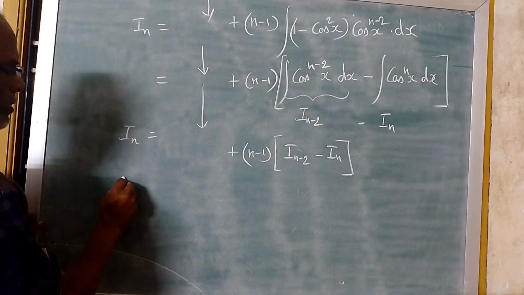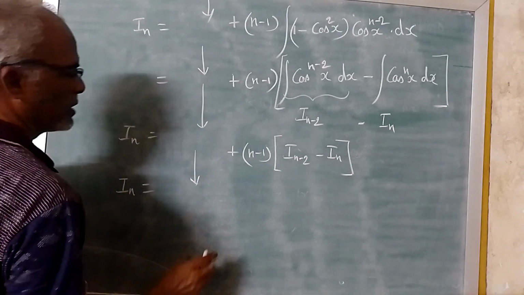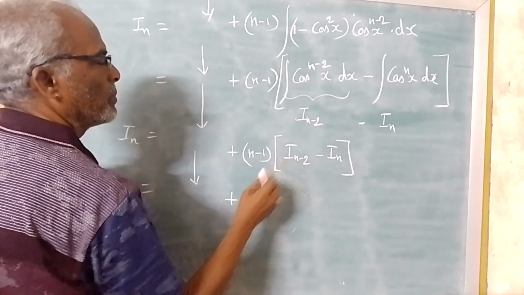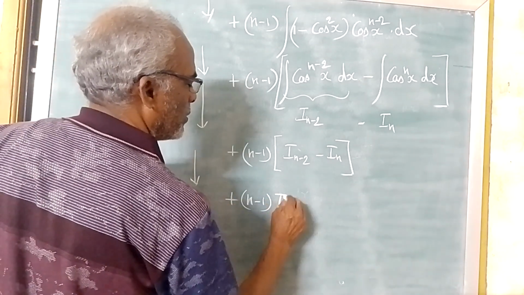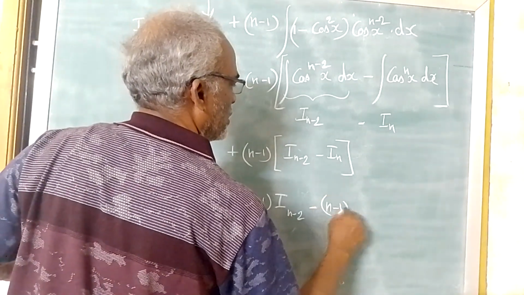So now I_n equal to, the first term will be as it is, no change, plus you multiply here (n-1) into I_(n-2) minus (n-1) into I_n.